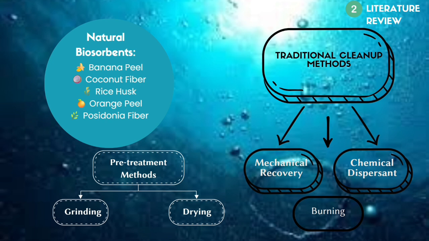Researchers have also shown that pre-treatment methods like drying and grinding can significantly improve biosorbents' ability to absorb oil by increasing surface area and porosity. Based on this finding, banana peels were selected for the study because they are abundant agricultural waste and have natural oil attracting properties, making them suitable for a sustainable cleanup approach.